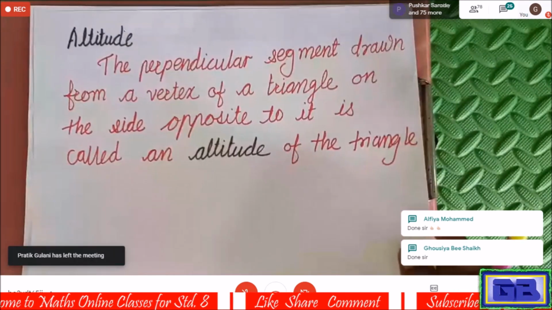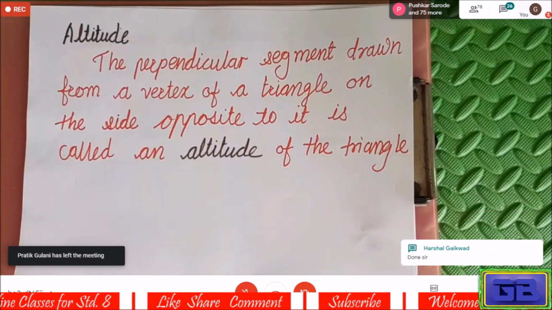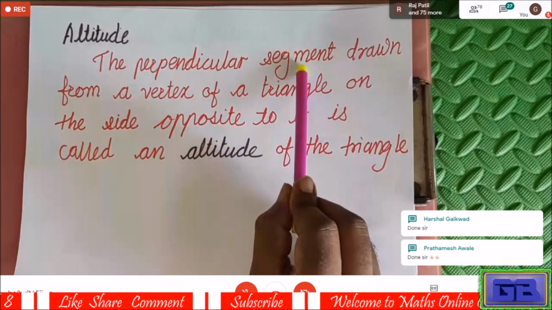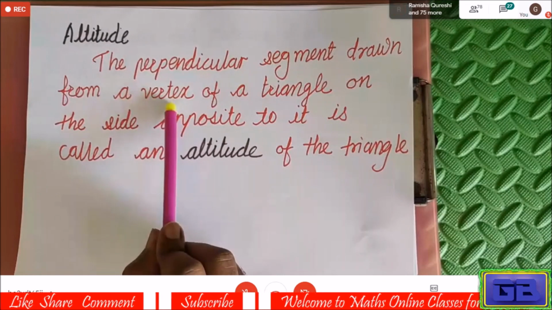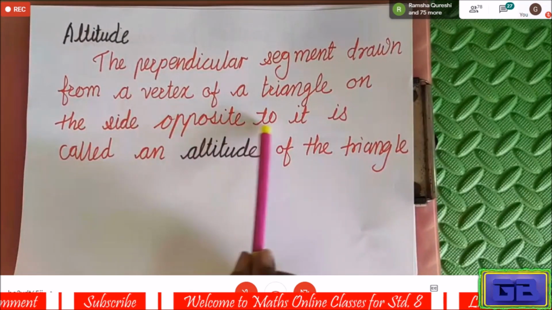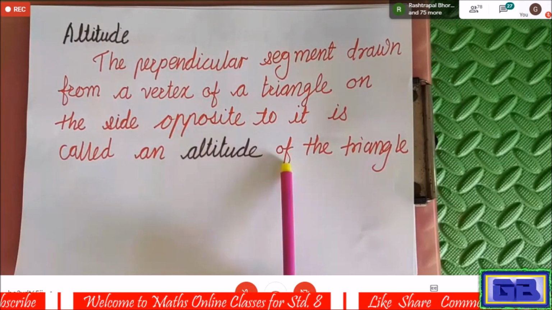Now see the definition of altitude. A perpendicular segment drawn from a vertex of a triangle on the side opposite to it is called an altitude of the triangle.